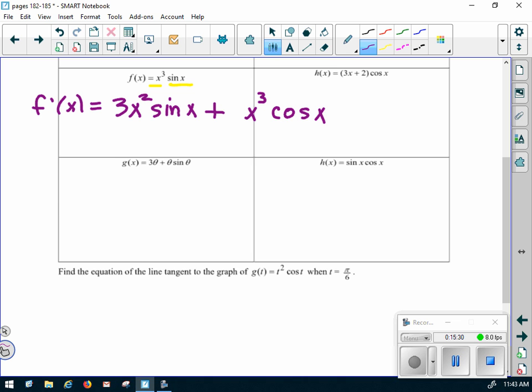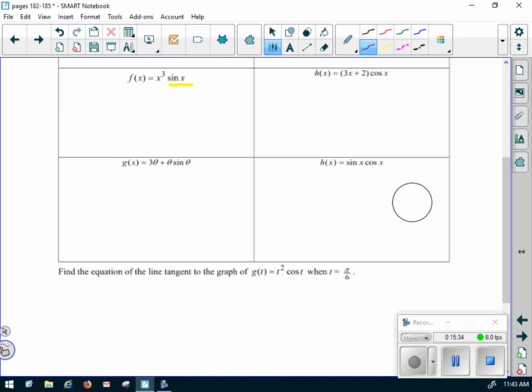Questions? H of x. What things are we multiplying together? 3x plus 2 times cosine x. So circle box, h prime of x.